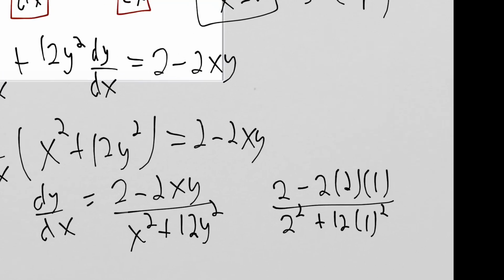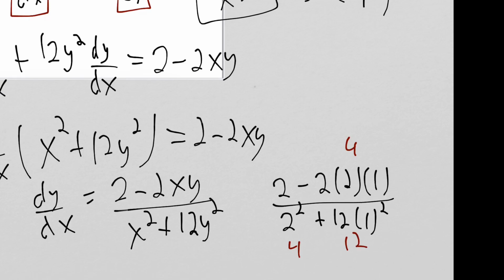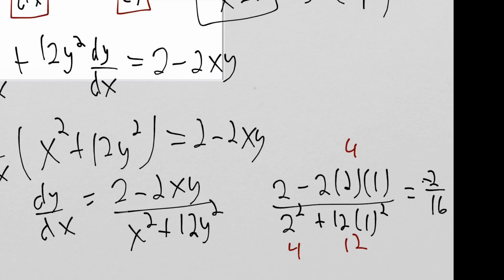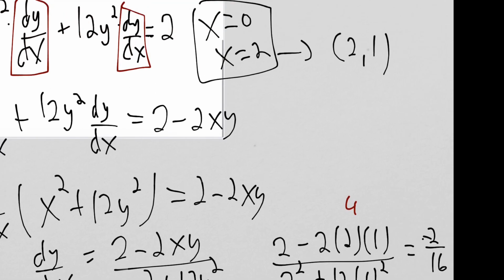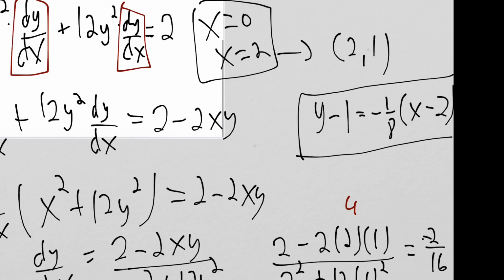Okay, so we have 2 minus 4 over 4 plus 12, right? So that's going to be 2 minus 4 is negative 2 over 16, right? Which is going to be negative 1/8. So now we have to just write the equation of our tangent line. Y minus 1 equals negative 1/8 times x minus 2. And that is the equation of the tangent line at 2 comma 1.